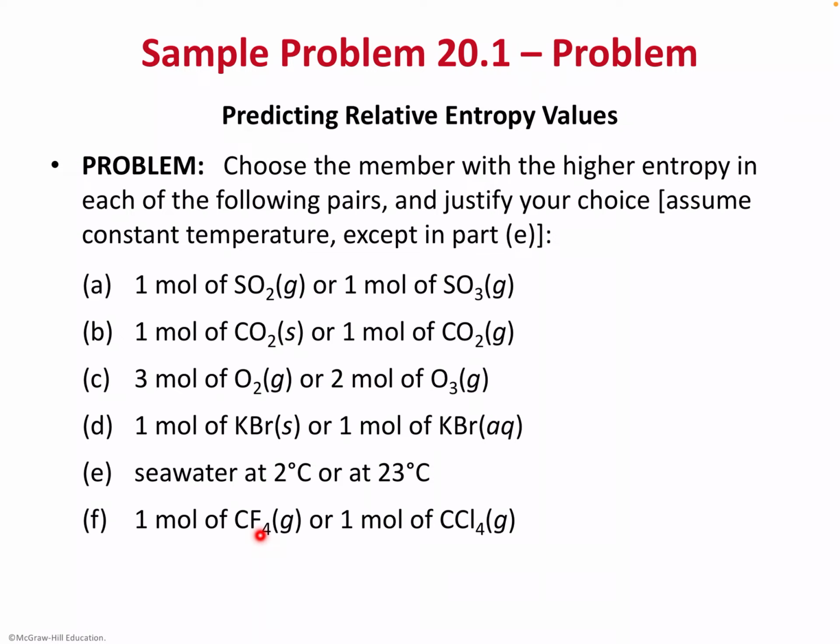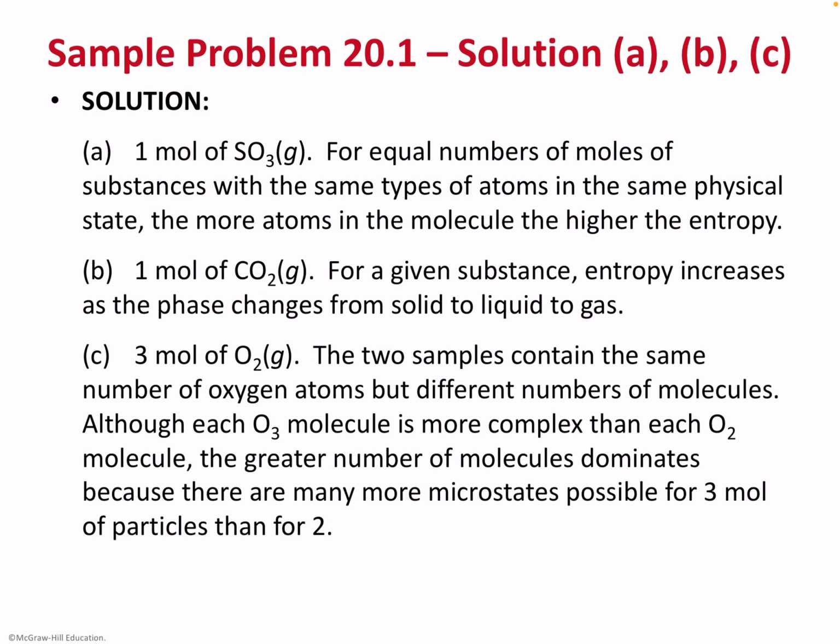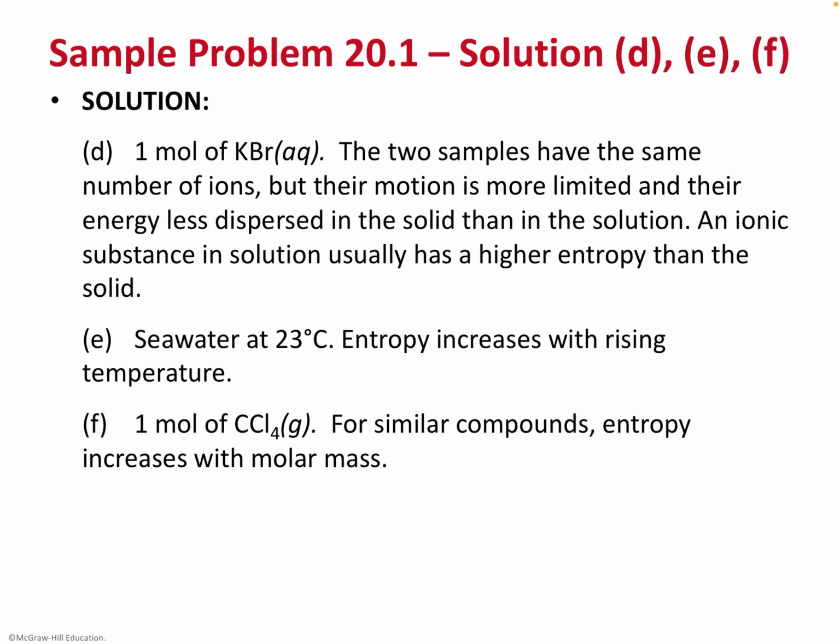Whereas chlorine is 35.45. So CCl4 has a higher molar mass compared to CF4, so this would have a higher entropy. Okay, you can also see the explanation here.